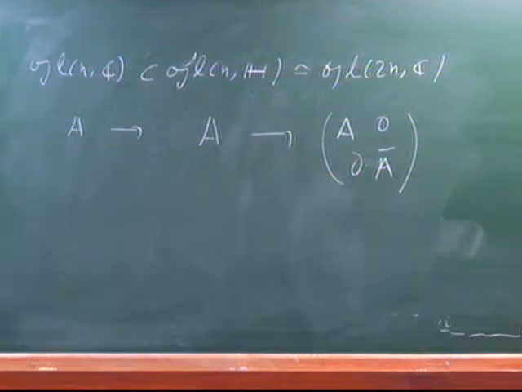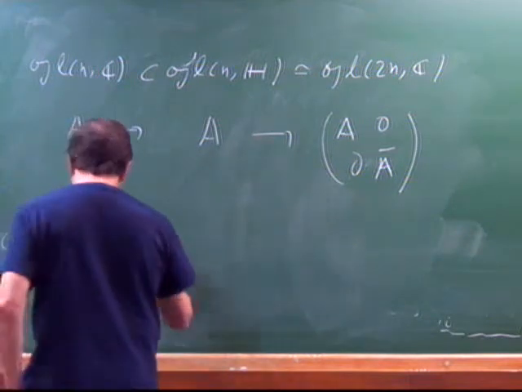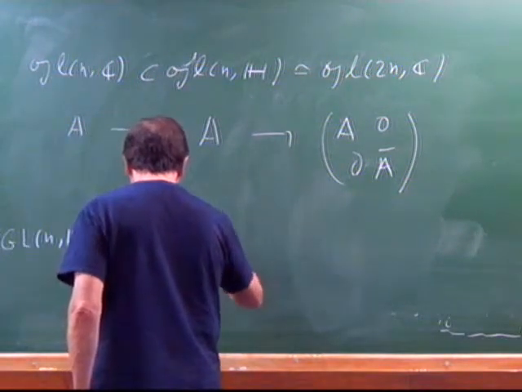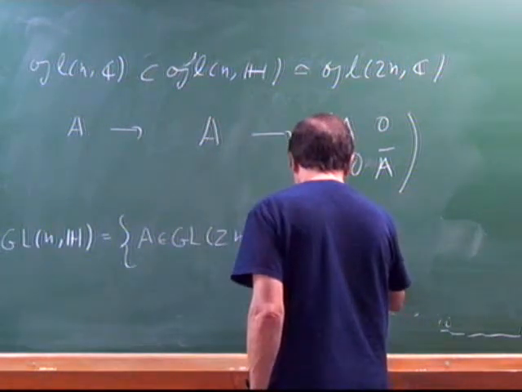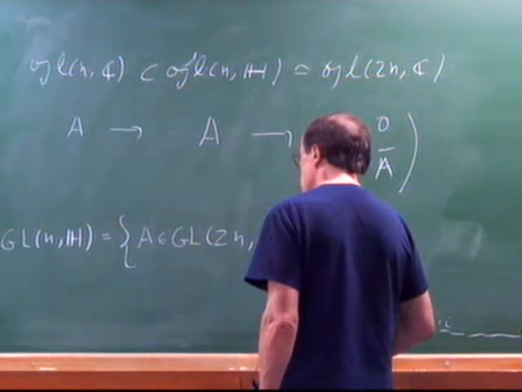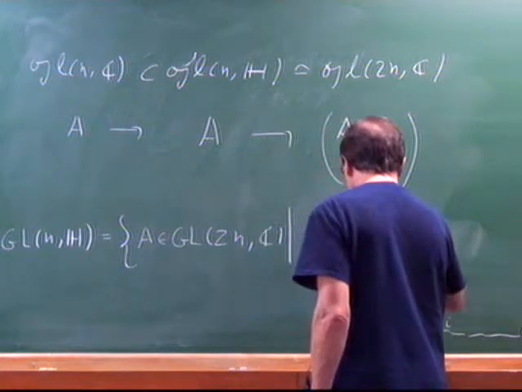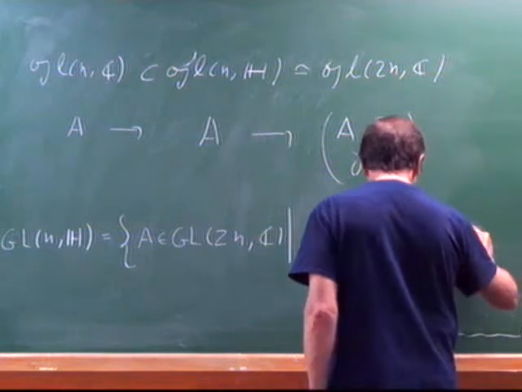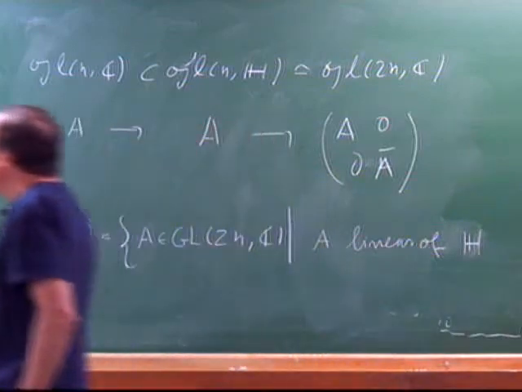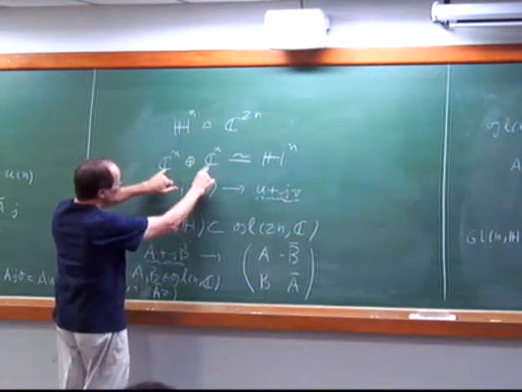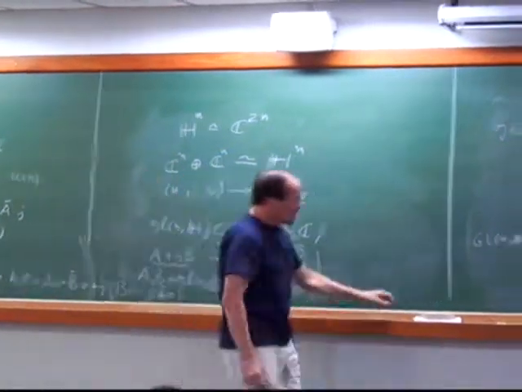Now I can, say, define GL n H in the following form. A in GL2n C. With the property that I want A to be linear over H. It's linear over C now. I want it to be linear over H in the sense here, where it's GL2n C. But on C2n, I have a right multiplication by J. So I'm going to put it like this.